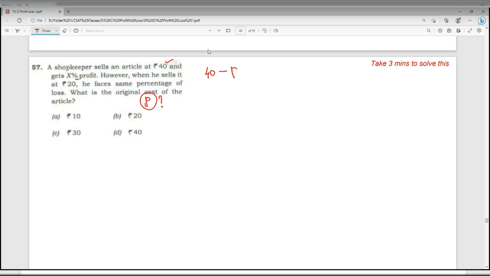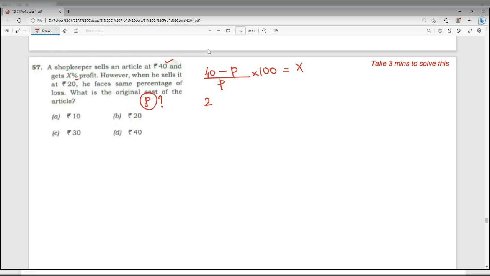Selling price minus cost price divided by the cost price into 100 is equal to X. And when he is selling at 20, he faces the same percentage of loss. The X is the same, but the sign is negative.